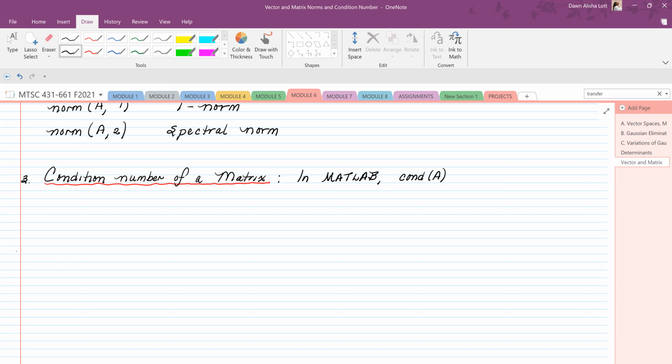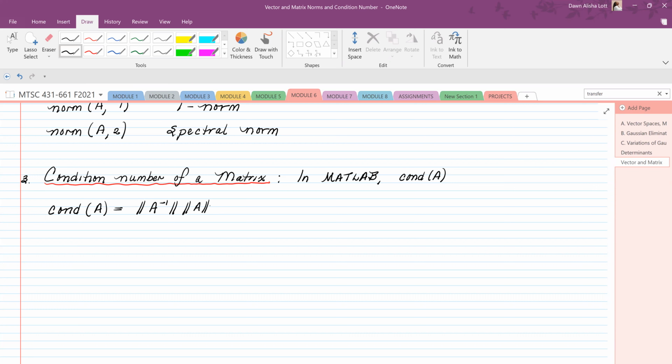So let's look at AX equals B. We define the condition number of a matrix A to be equal to the norm of A inverse times the norm of A. Okay, so that's the condition number.